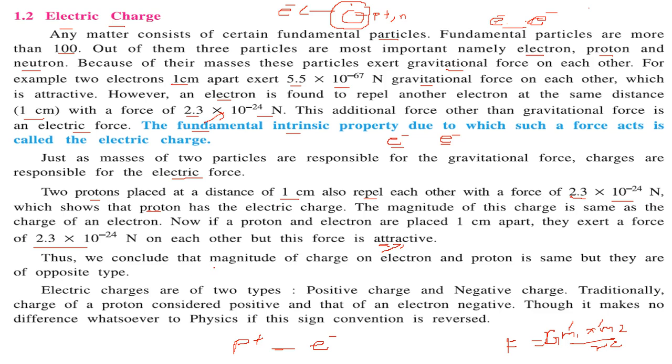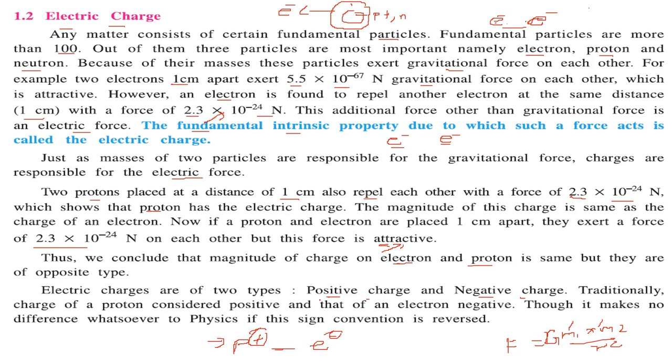So what we conclude here is that the magnitude of charge on electron and proton is the same, but they are opposite. That is why I am putting plus here and negative here. So electric charges are of 2 types, positive and negative, and traditionally we have considered the proton as positive and the electron as negative.